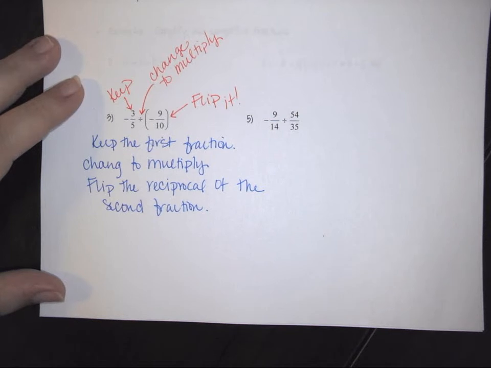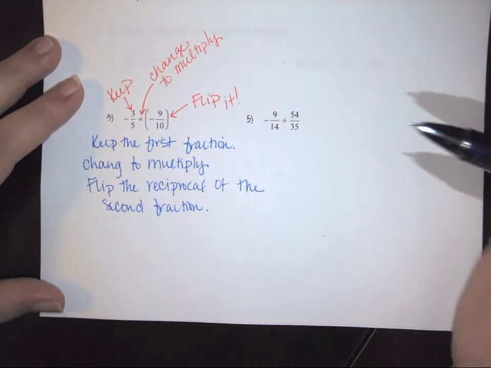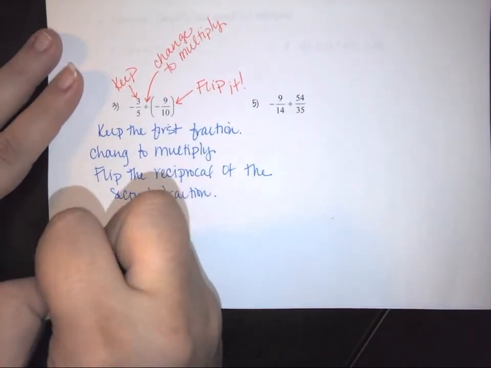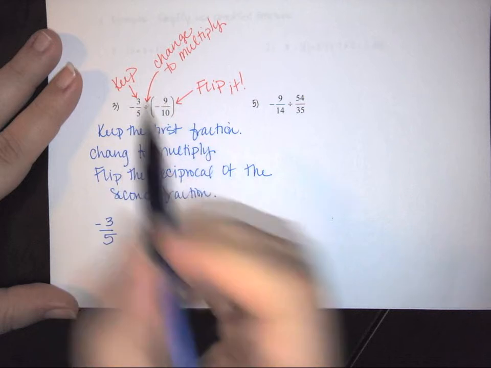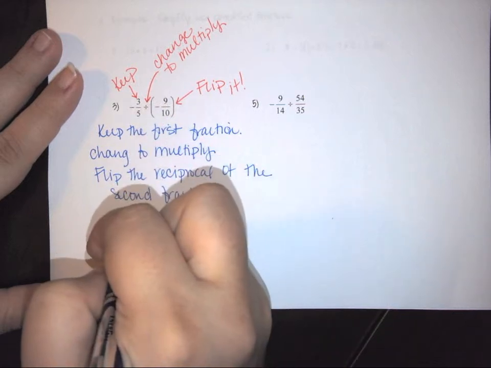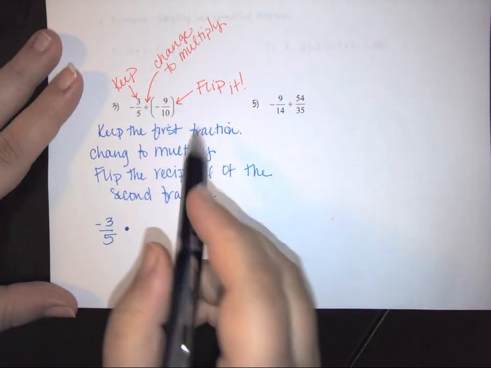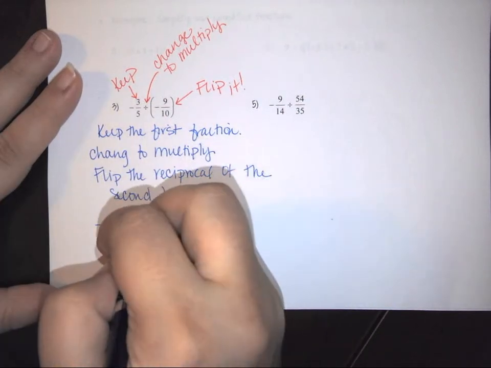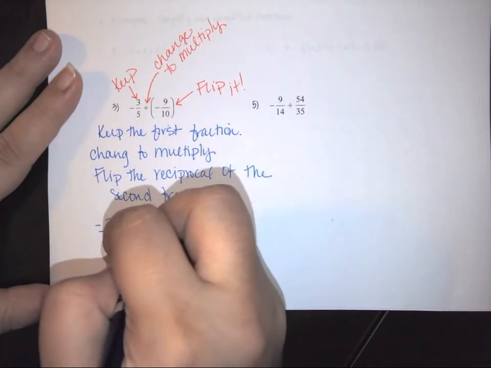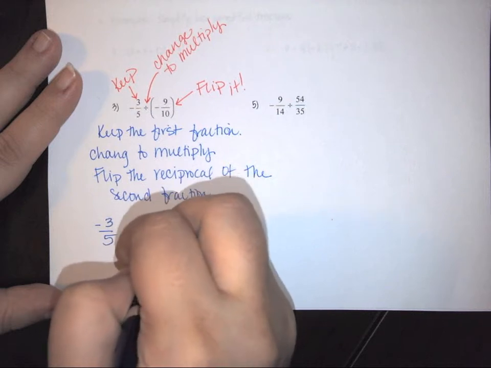It means instead of putting your feet on the ground and your head in the air, you flip yourself around so that your head is on the ground and your feet are in the air. So here we're going to do just that. We're going to go ahead and keep it, so this is negative 3/5. We're going to change the sign to multiplication, and then we're going to flip the reciprocal of the back term, which says we're now going to multiply this by a negative 10 over 9.